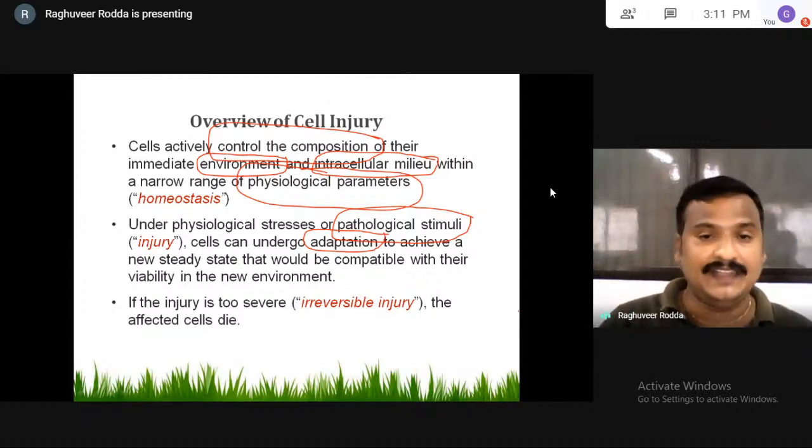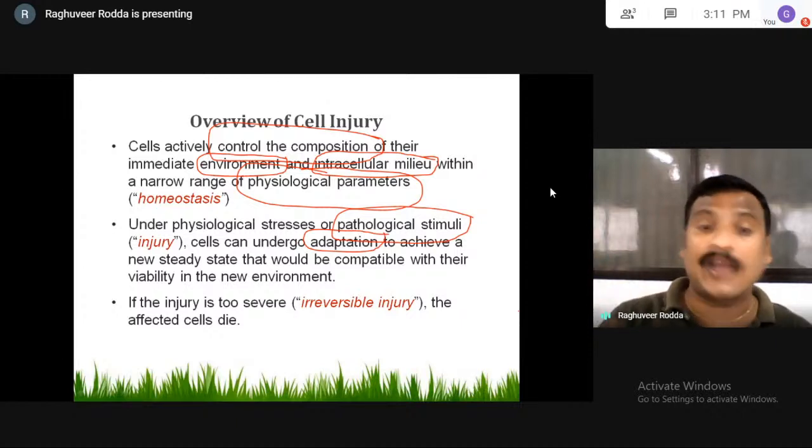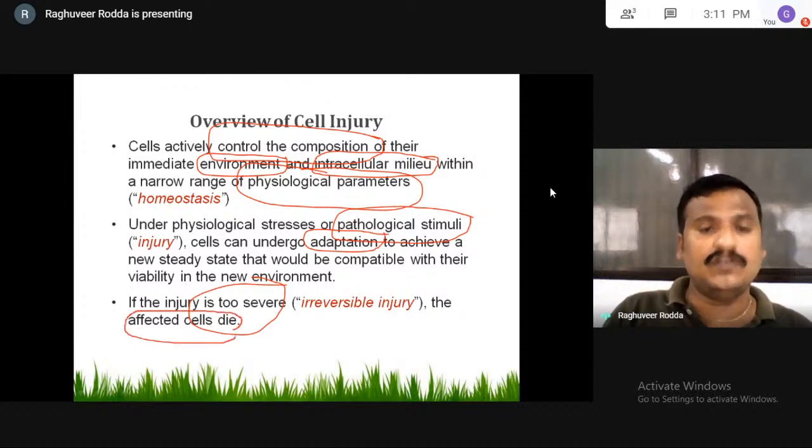And if the pathological stimulus is increased, if there is an increased physiological stress more and more, then at that particular condition, if the pathological stimulus or physiological stress is too severe, then the affected cell is going to die.